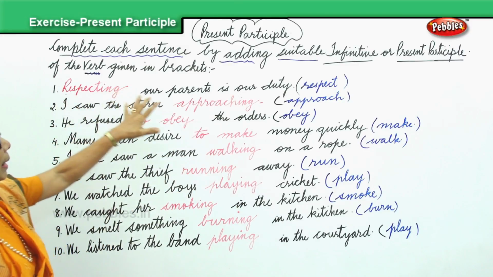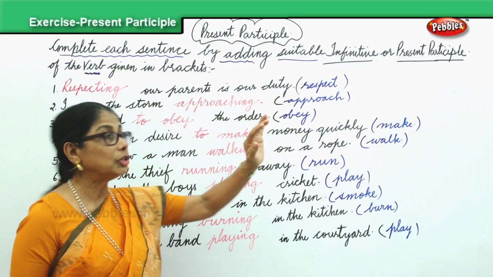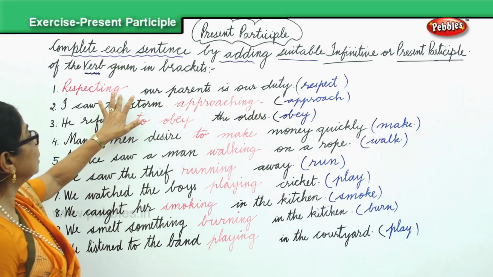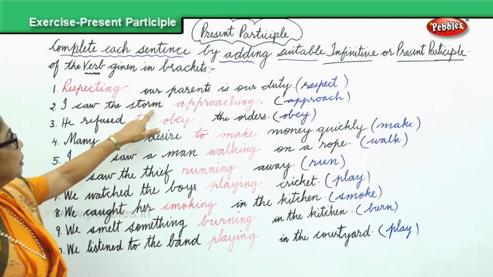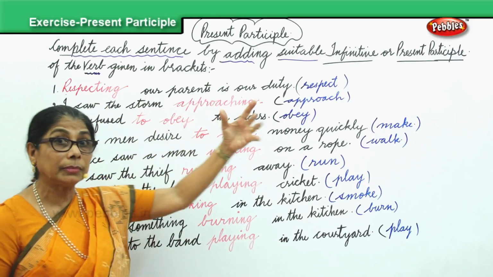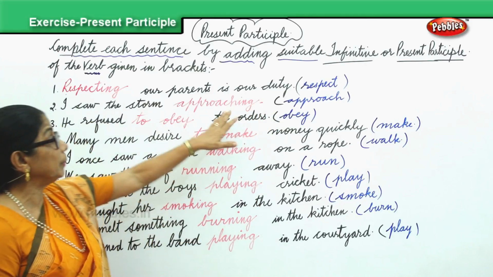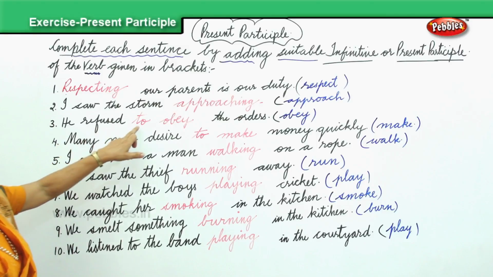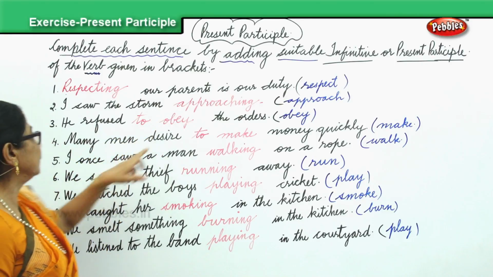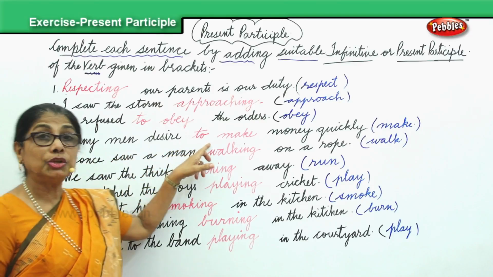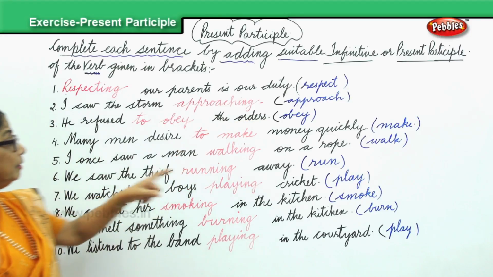Respecting our parents is our duty. You have to respect, so the respect doesn't stop, it goes on and on. I saw the storm approaching. So the action is going on, the storm is approaching. Then he refused to obey. Infinitive, to obey. Many men desire to make money. Again it is the infinitive.